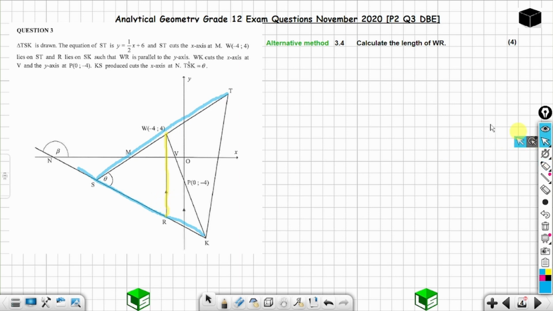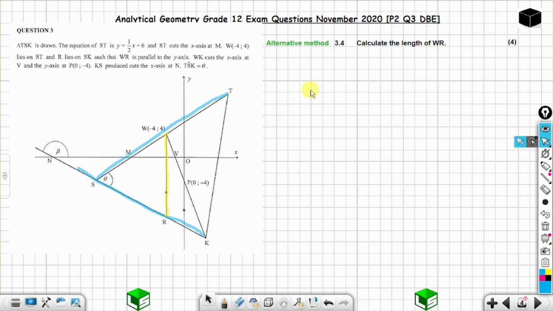So another method that you can use: the length WR is trapped between this line and this line. What you can do is to find the equation between the two lines, this line ST and SK, because the line WR is trapped between the two lines.